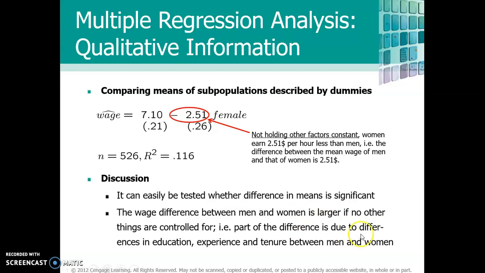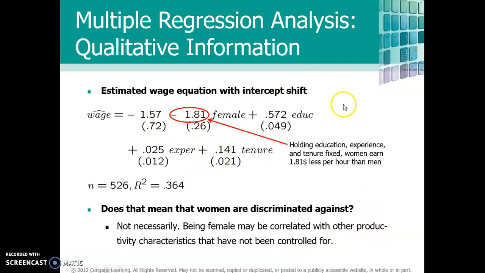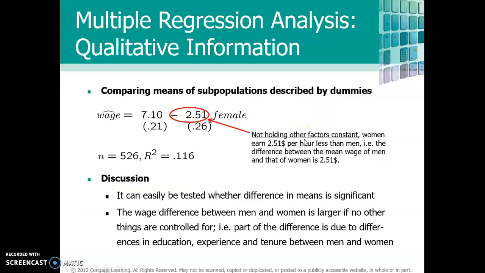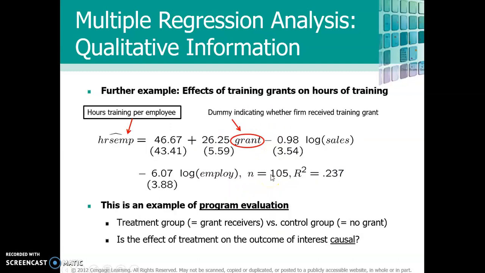For example, the difference may be due to education, experience, or tenure. In the previous equation, other factors were held constant, like education. But in this equation, nothing was controlled for, and we can determine whether that difference is really big. Okay, this is just another example, and I'm not going to go through it.